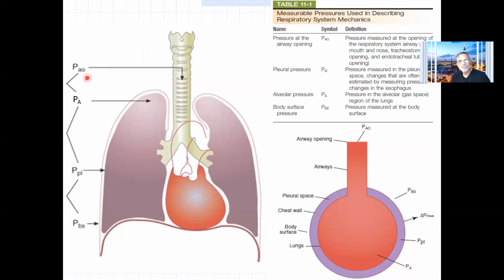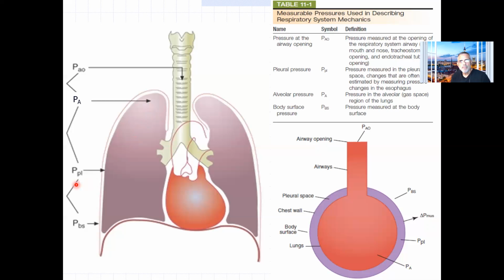But remember, also airway opening pressure could be right here, just as I'm taking a breath in my upper airway. We're denoting alveolar pressure by the alveoli, and we know that there are hundreds of millions of alveoli. And again, this graphic here is really just looking at one of those, but in actuality, there are hundreds of millions of those.